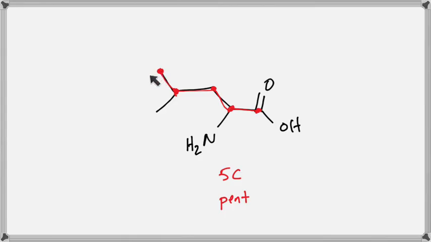SP3. And I would know that because there are implied hydrogens. How many implied hydrogens? 3. 3 implied hydrogens, and then one more, which would mean there are 4 bonds around it. 4 bonds, or 4 groups of electrons, is sp3 hybridized. Okay? Next one.